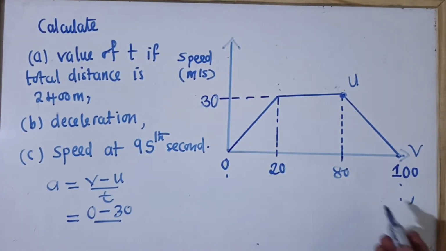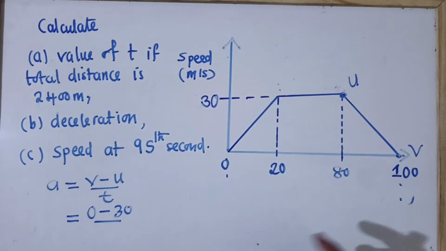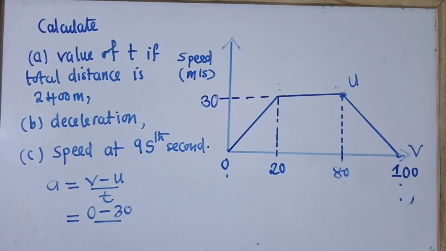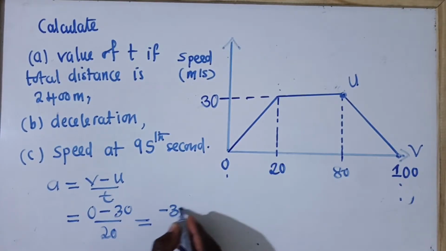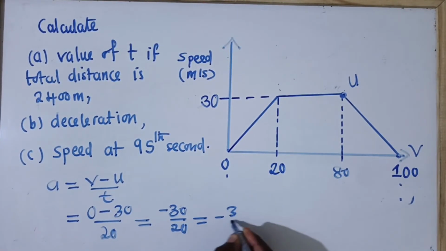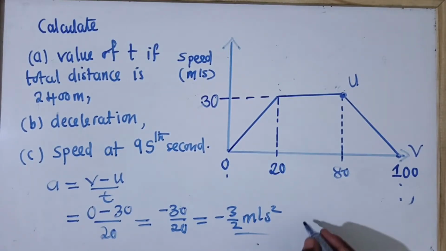You find the time difference between 80 and 100. So here, if you don't mind, you can just say 100 minus 80. It will give you what? It will give you a 20. So this is a 20. So you simplify further, it's a negative 30 over 20, which will give us a negative 3 over 2. Okay? So if you want, you can leave your answer like this, but remember to put the units.